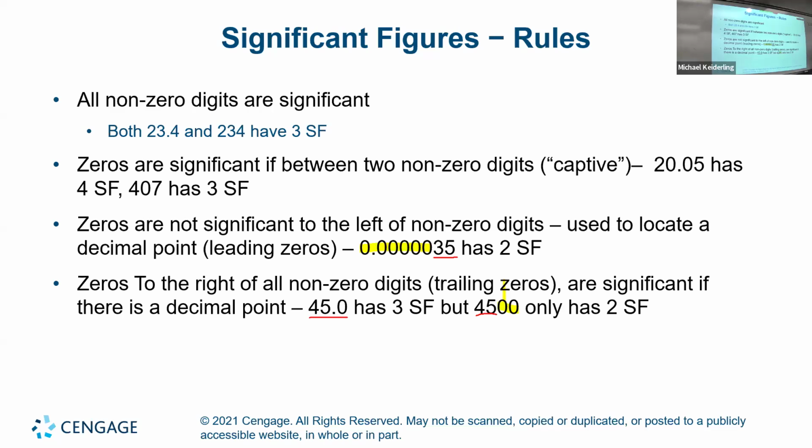So the other way you can express a number if you want to make sure it's clear how many digits are significant is you can always write it in scientific notation. So I could have written this as 3.00 times 10 to the 2, and all 3 of these would be significant. Because there's a decimal point, so the trailing zeros count.